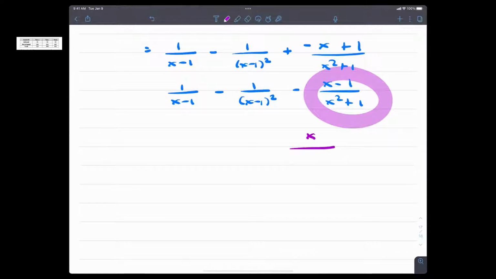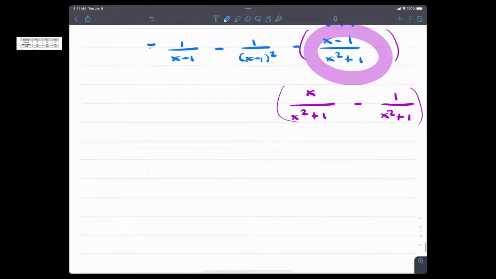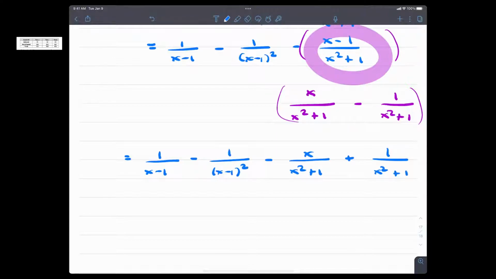You put x over x squared plus 1 minus 1 over x squared plus 1. So remember, we're supposed to integrate all this.